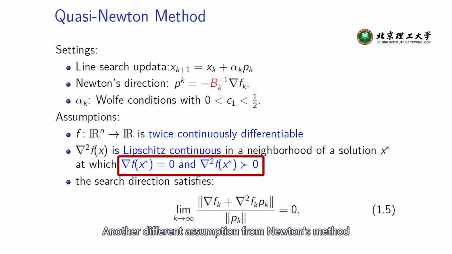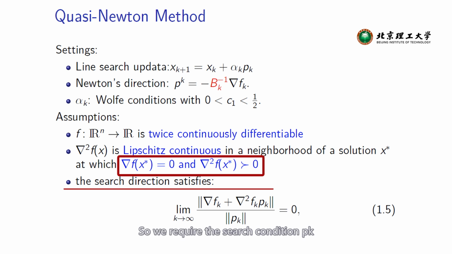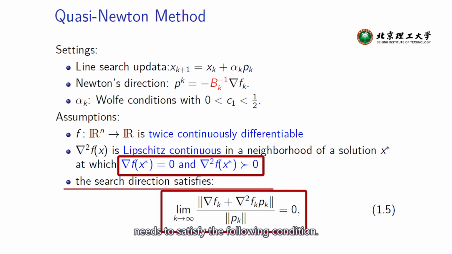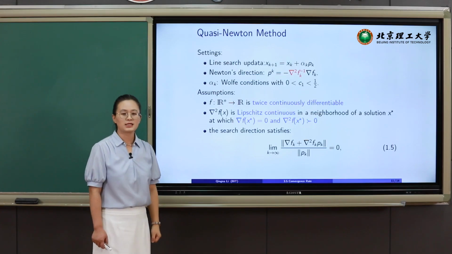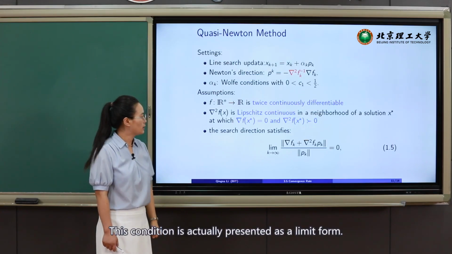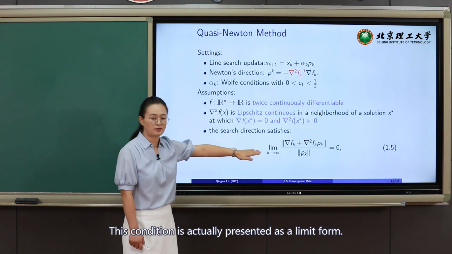Another assumption different from Newton's method is the third one. We require the search direction p_k to satisfy the following condition. This condition is presented in a limit form.